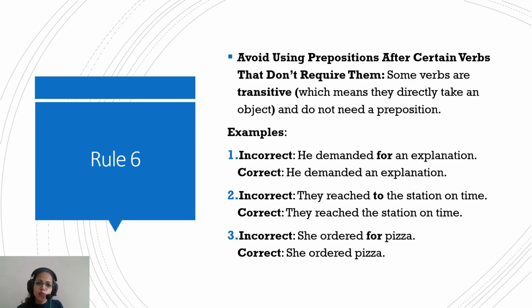So you do not need a preposition to stick that destination to the word. She reached the station, ordered the pizza, demanded an explanation. You do not need prepositions to stick them.